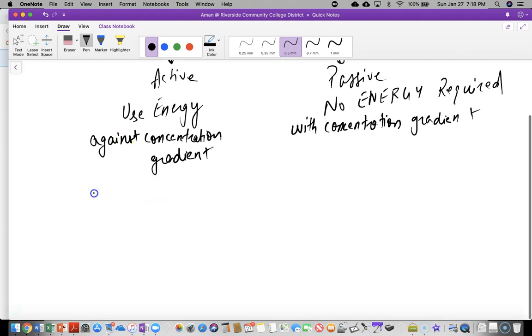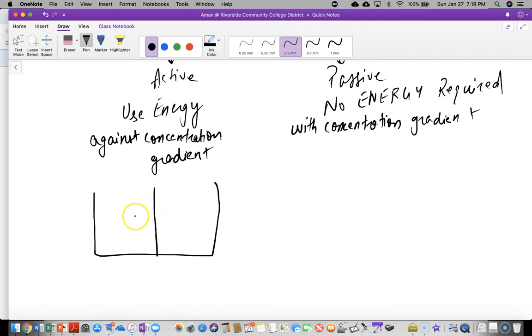So let's quickly draw a diagram and see what that should look like. So guys, imagine that you have this container which is divided by this membrane, and then we're considering that this membrane can let things pass through. Okay, so imagine that there are lots of glucose molecules on the left hand side, and on the right hand side there are very few glucose molecules.